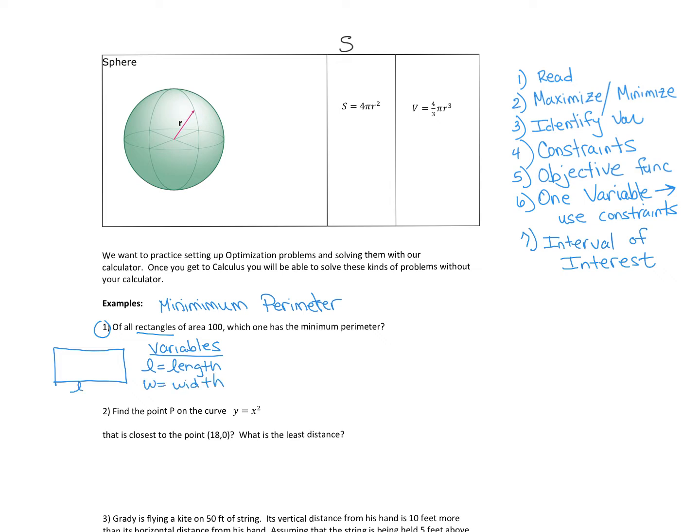And I'll go ahead and mark those. The next thing that I want to do, because I've read it and I've found out what I'm minimizing, is write down my constraints. Well, the constraint in this problem is that the area, which is length times width, has to be 100.